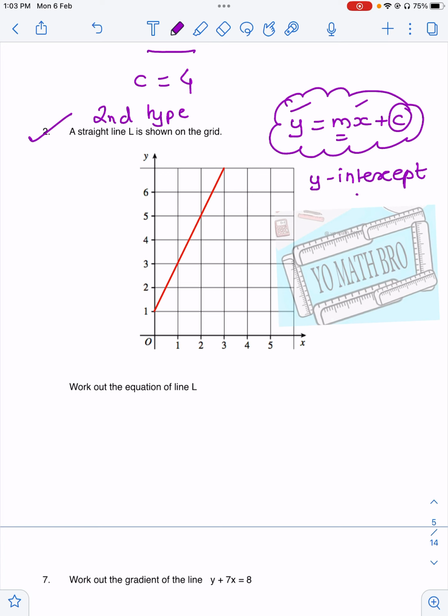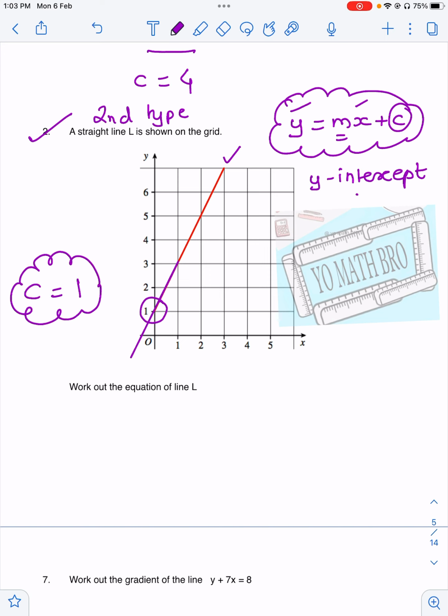What is the meaning of this y-intercept? It is that point of intersection where this line is meeting the y-axis. So if you look here, this line, I'm drawing it again, crosses the y-axis, carefully, if you can see, at 1.